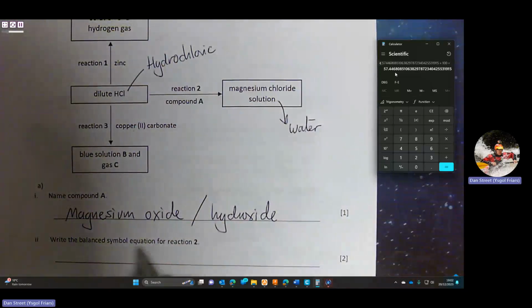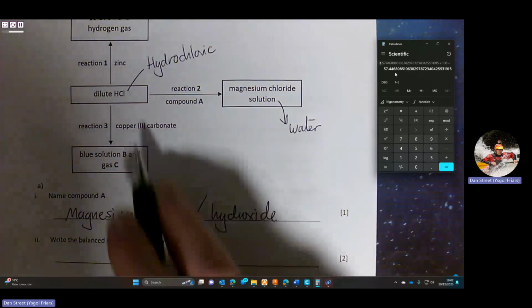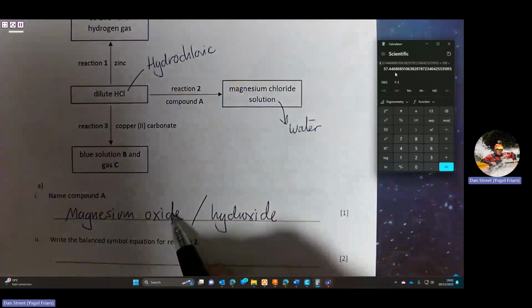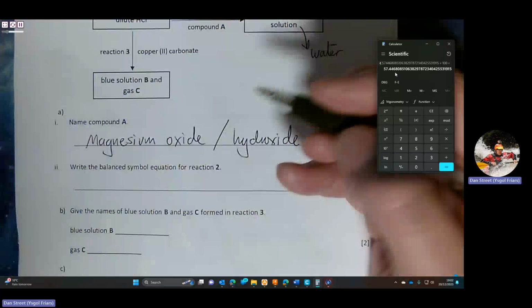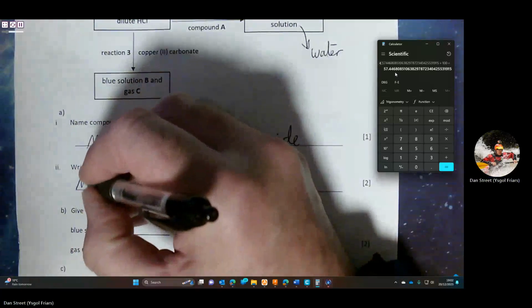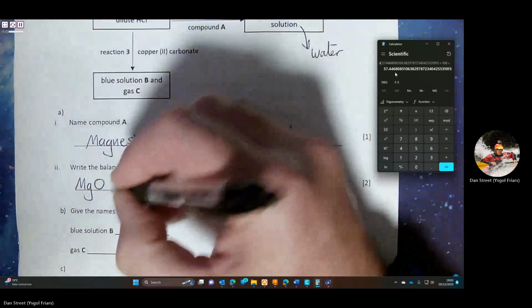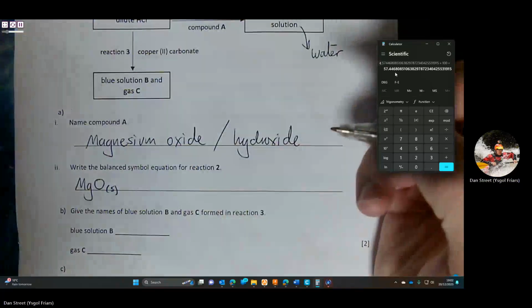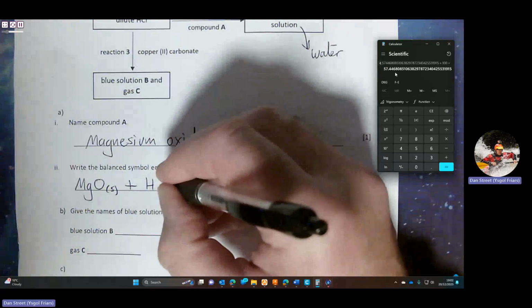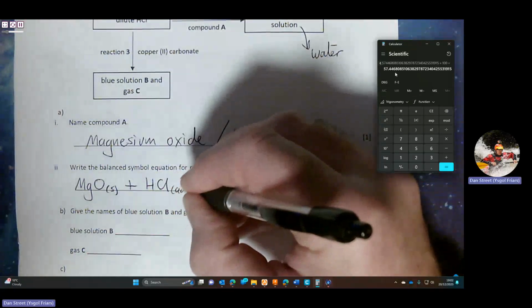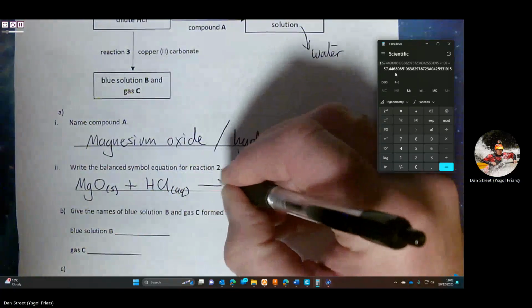Then write a balanced symbol equation for reaction 2. So this is reaction 2 here. At this point, if we choose one, let's choose magnesium oxide. Magnesium oxide is MgO, and that's a solid. That's going to react with HCl, which is an aqueous solution because it's an acid.